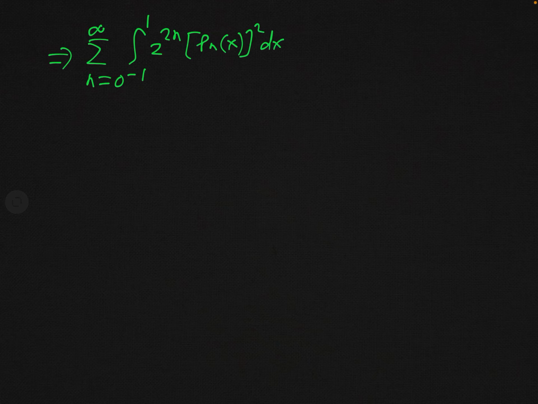In the LHS you have summation n equal to 0 to infinity z to the power 2n, integral from minus 1 to plus 1, Pn of x whole square dx, and this can be written as summation n equal to 0 to infinity z to the power 2n into 1 over 2n plus 1.